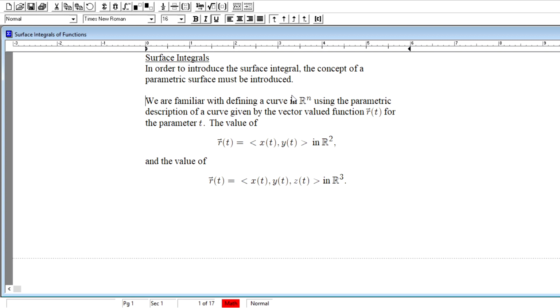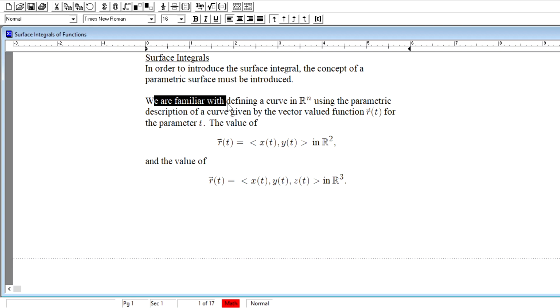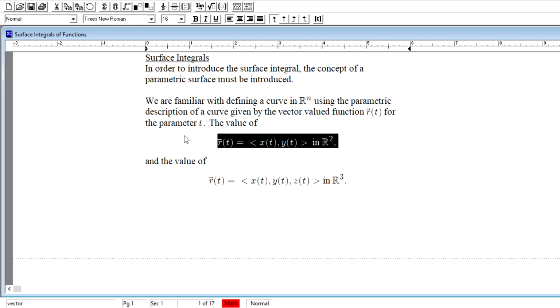And one of the ways we introduce them is we go back and we just take note of what it meant to be a parametric curve, right? We are familiar with defining a curve in R^n using the parametric description given by a vector valued function r bar of t for the parameter t, where in two-dimensional space we saw r bar of t given by the vector x of t comma y of t, where x and y were the values of position in the xy coordinate plane dependent upon the values of the parameter t.